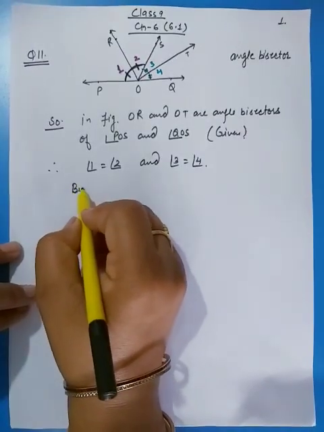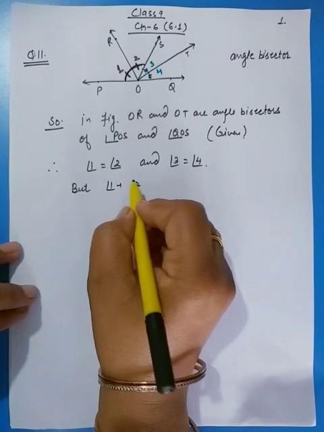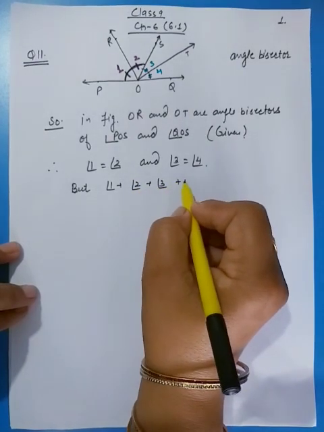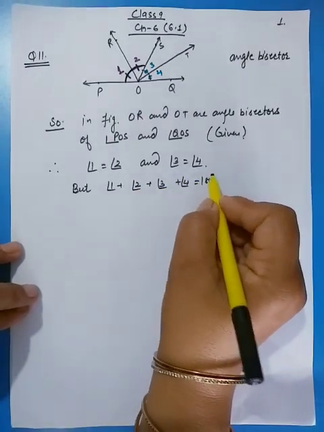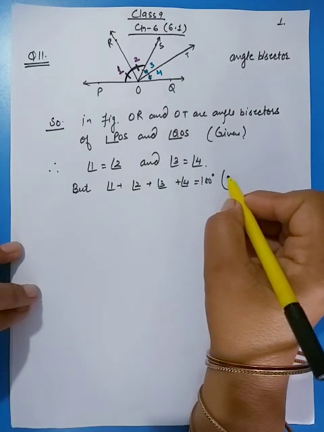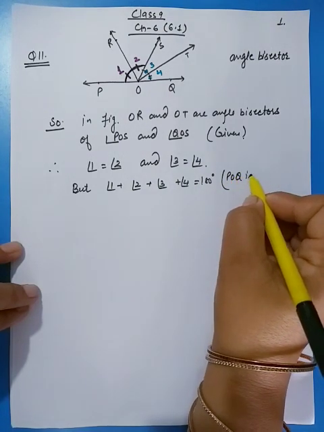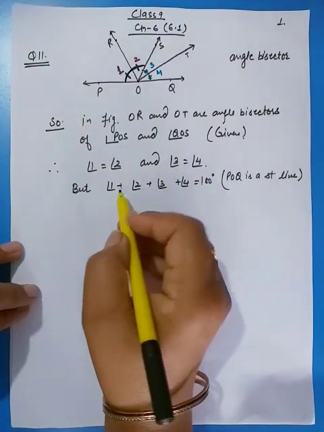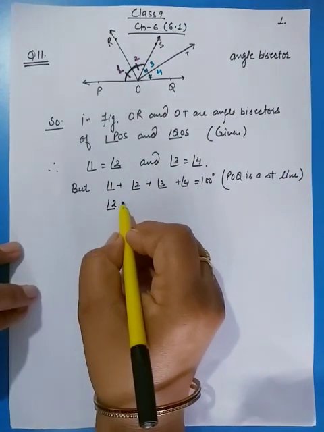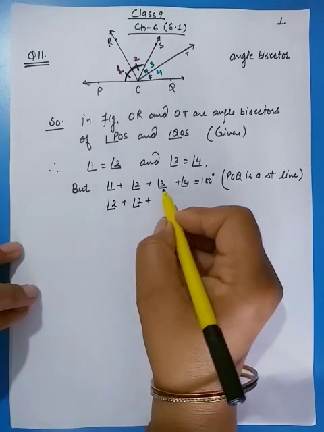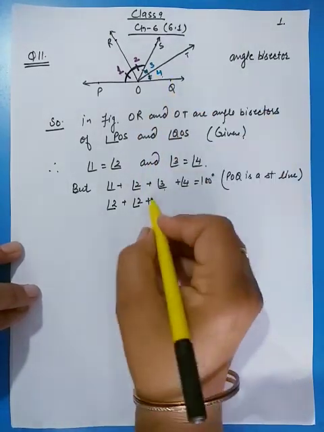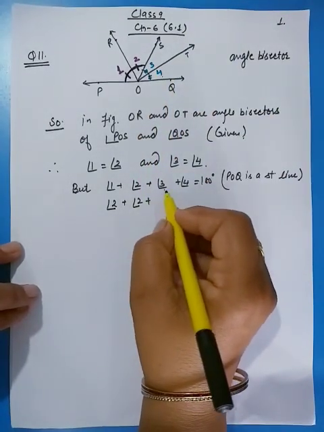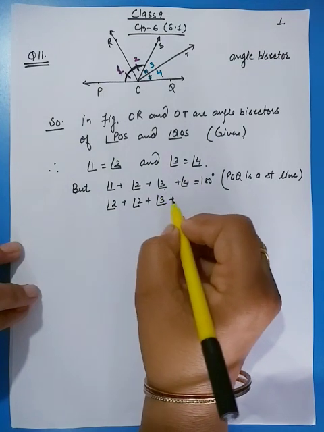But angle 1 plus 2 plus 3 plus 4 is 180 degrees. Why is it 180 degrees? Because POQ is a straight line. Here we can replace angle 1 by angle 2, and angle 4 by angle 3.